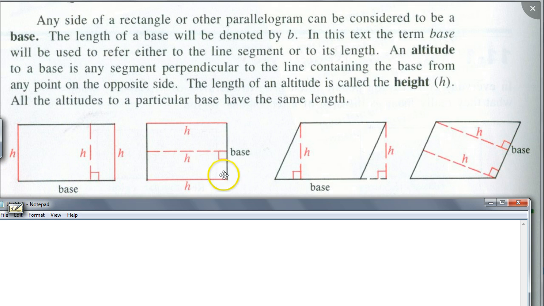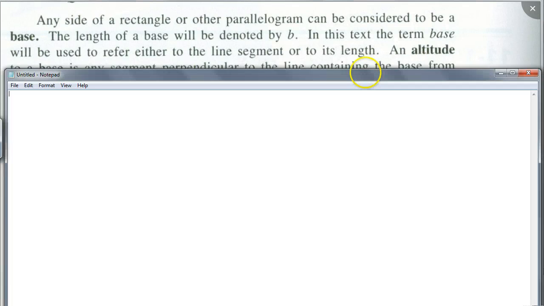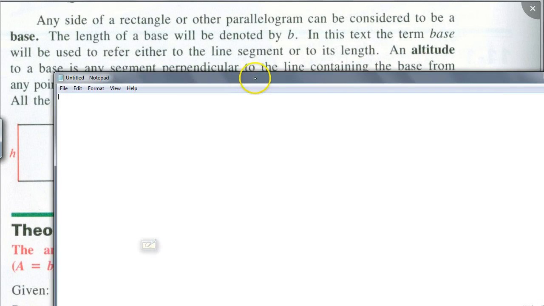But this side could be the base. Then this side becomes the height and so forth. Look at this parallelogram. This could be the base, or this could be the base. Any side of a rectangle or parallelogram could be the base. Is that okay? So that's the definition of the base for a rectangle or parallelogram.